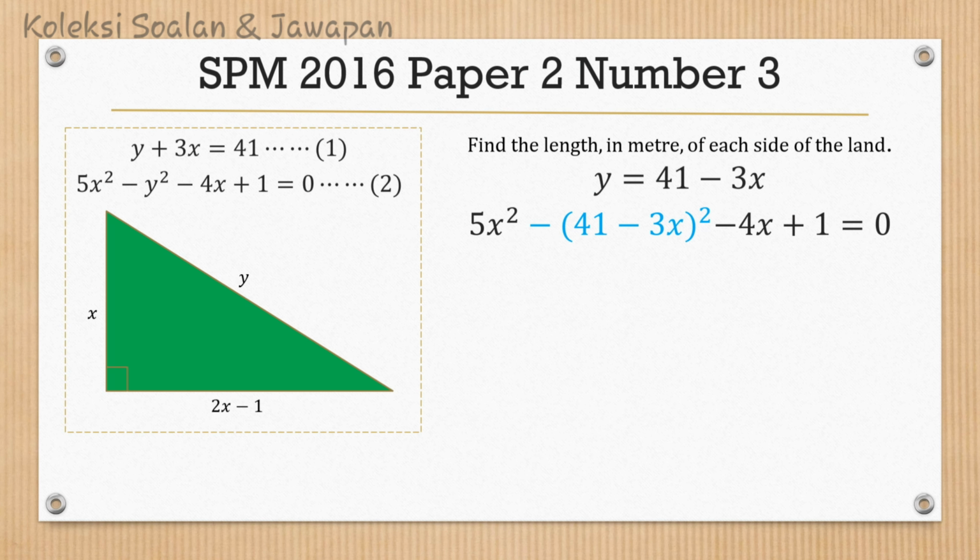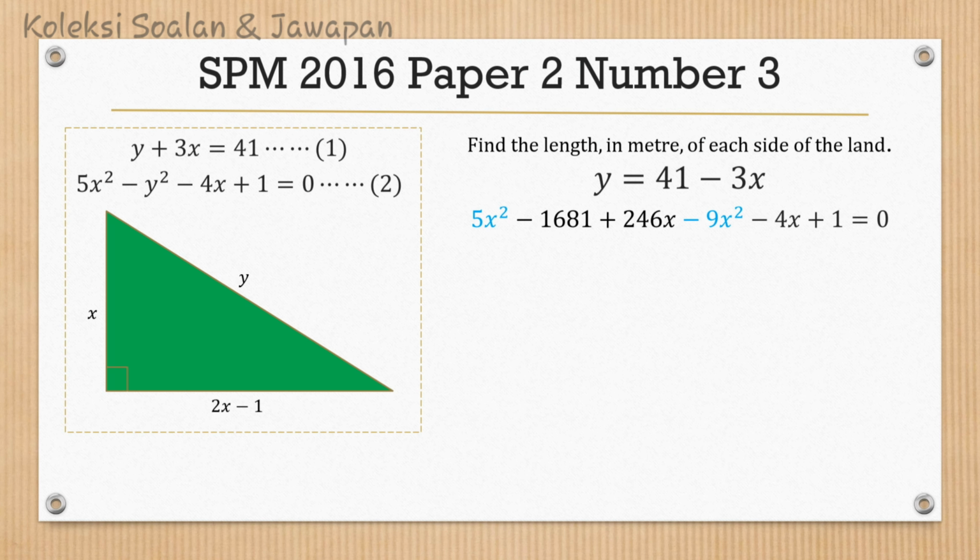Then we expand negative (41 minus 3x) squared, which is equal to negative 1681 plus 246x minus 9x squared. Now we just need to simplify.